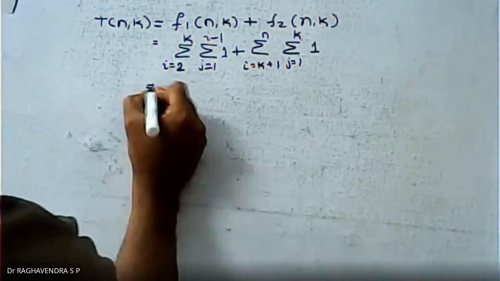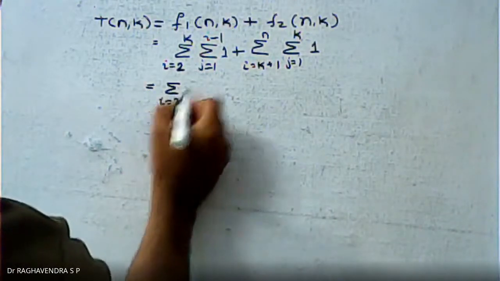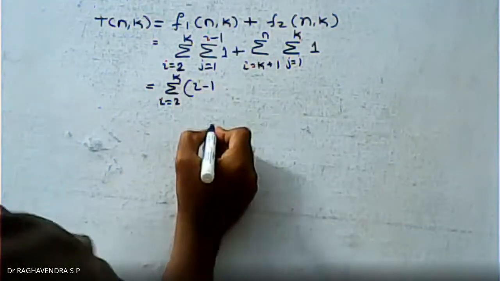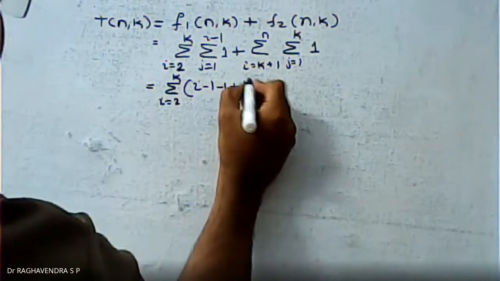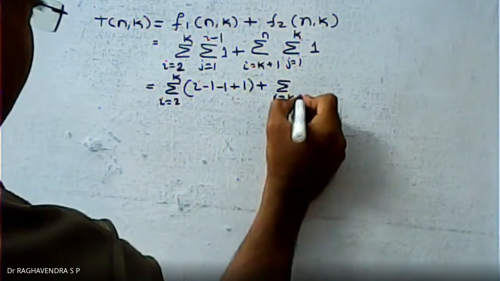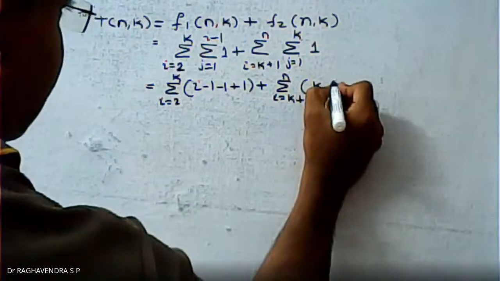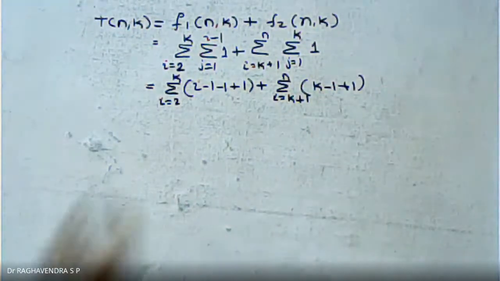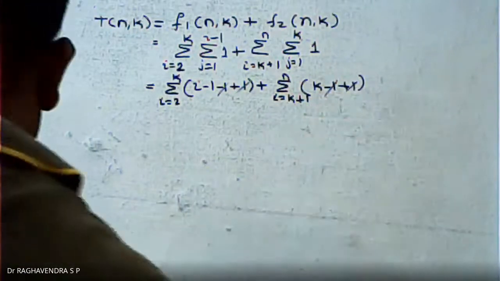Then if you simplify this, sigma i equals 2 to k, upper limit i minus 1 minus 1 plus 1, plus summation of i equals k plus 1 to n, k minus 1 plus 1. So minus 1 plus 1 cancels here, and here also minus 1 plus 1 cancels.